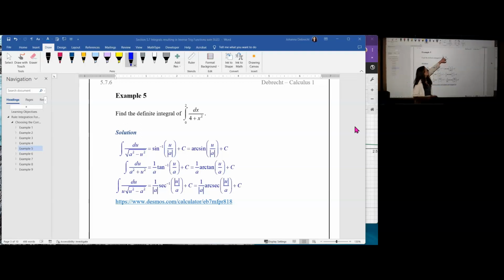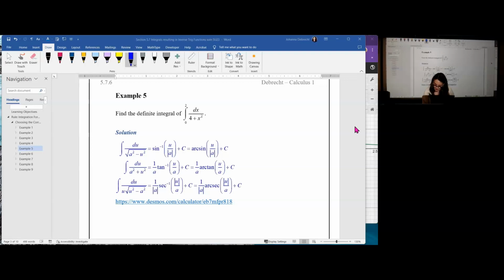We can see we have the definite integral between x equals 0 and x equals 2 of dx divided by the quantity 4 plus x squared. I notice that it looks like sort of a Pythagorean theorem related thing, and I have addition in the denominator, which tells me to try arctangent.